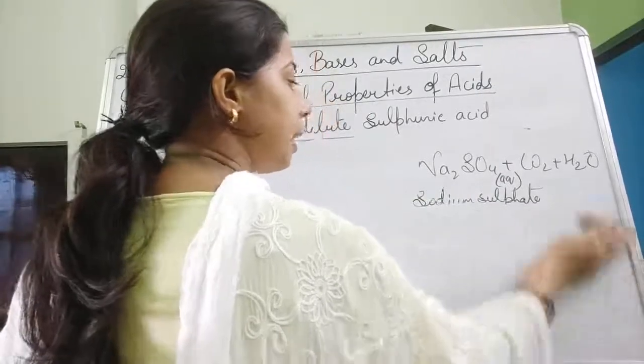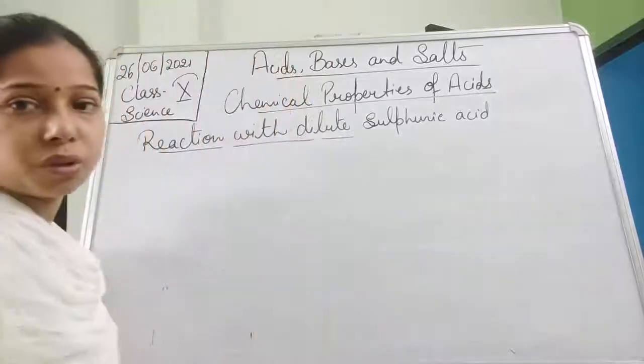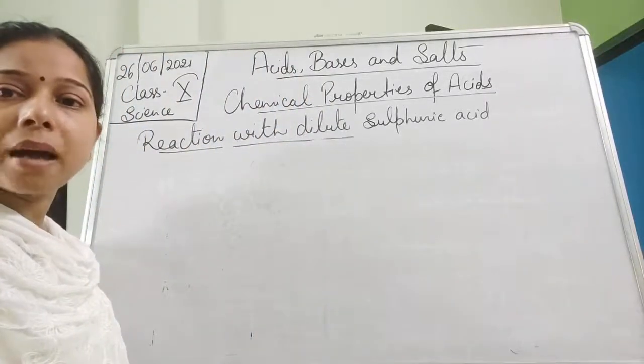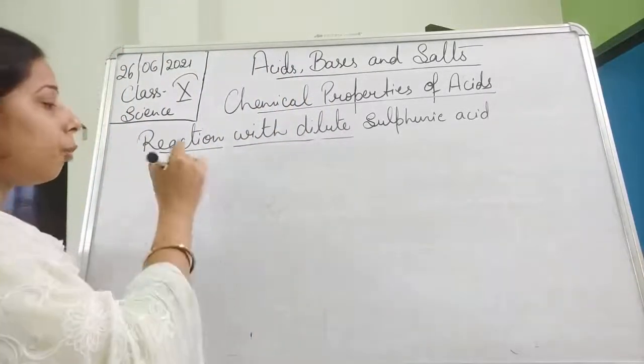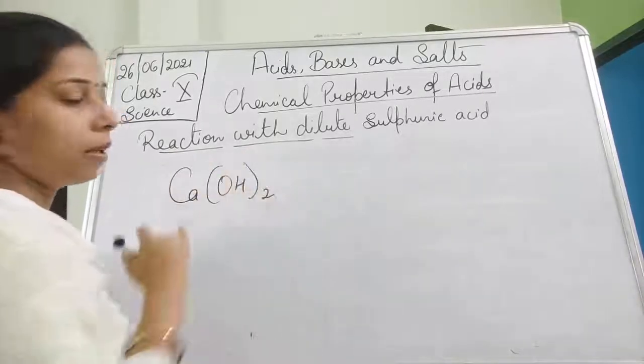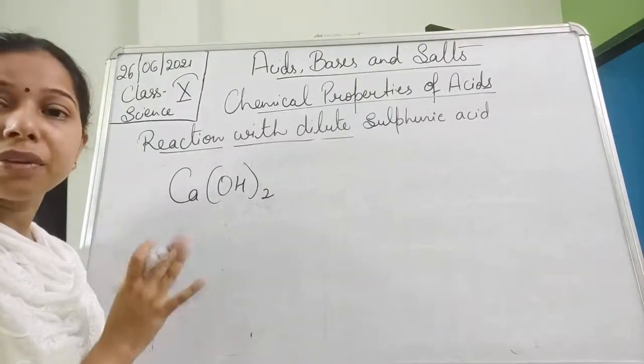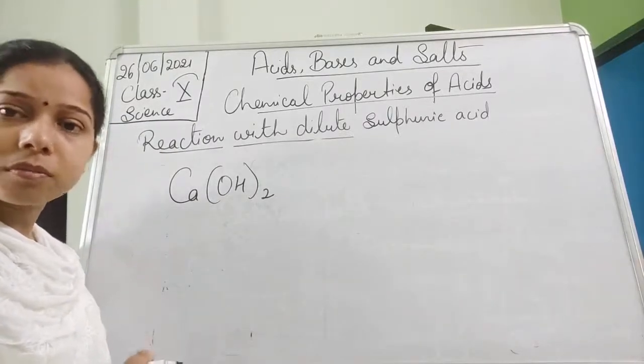When carbon dioxide is produced in this reaction, it is passed into lime water. The formula of lime water is Ca(OH)2. This is the formula of calcium hydroxide, or you can say lime water.